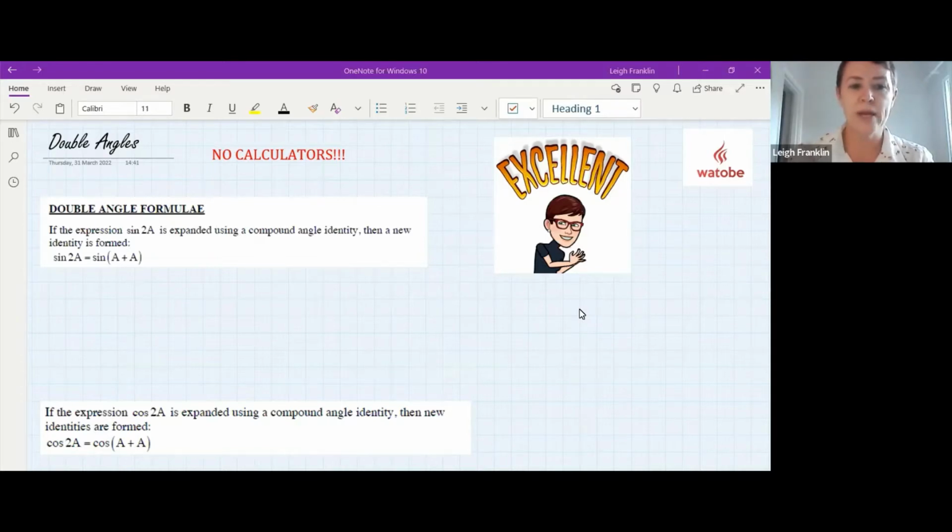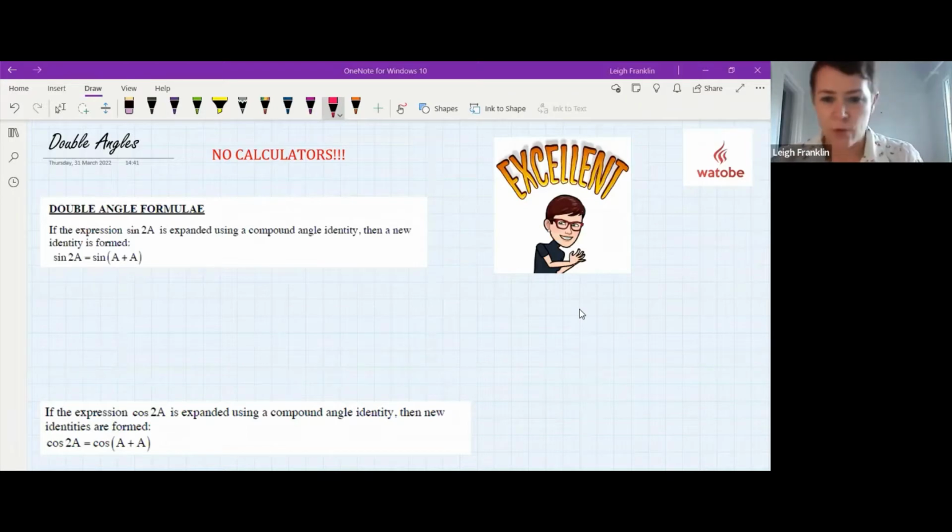When we're talking about a double angle, it doesn't matter what the angle is, whether you have an angle X, or you call an angle A, or the angle is 20 degrees. Double means to multiply it by 2. So 2x or 2a or 2 times 20. And what we specifically look at is the sine or the cos of these double angles.